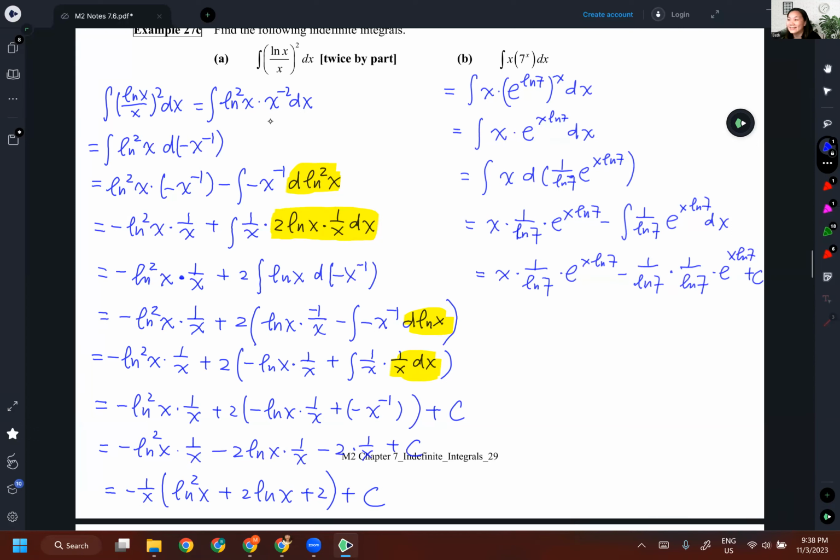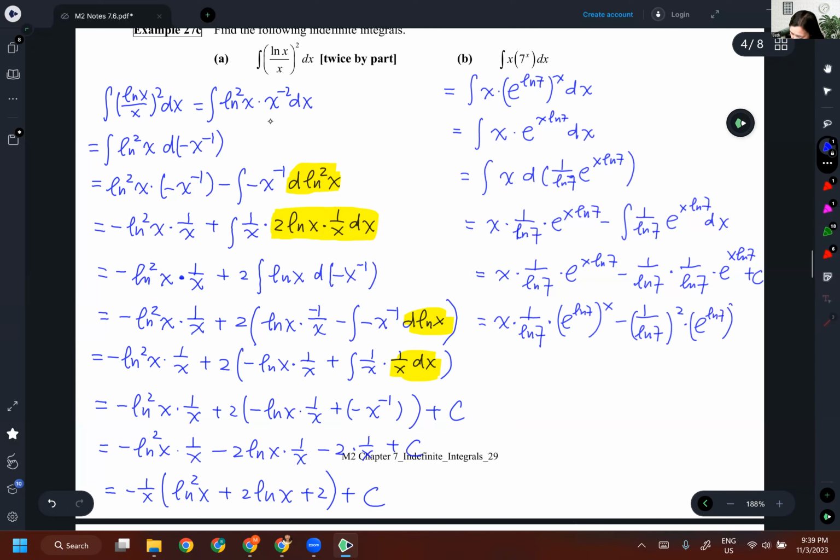And then that's not the worst part. The worst part is to change it back to base 7. And then you change it back to base 7.